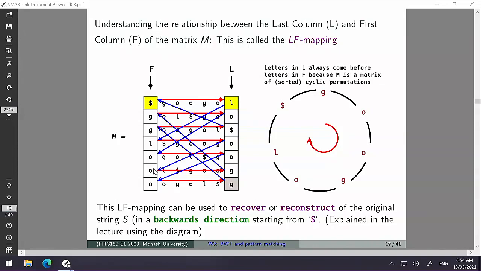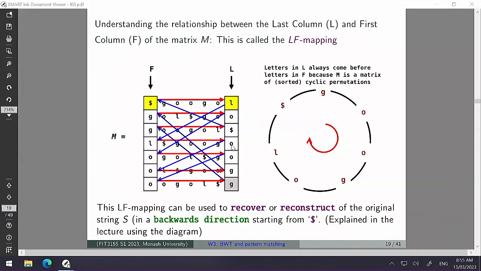I need to know how to map from any given letter in the last column to some position in the first column, because if I get the position, for instance from L, I know the previous letter, so I can recover one letter previous to that, which is O. So I now have LO recovered.